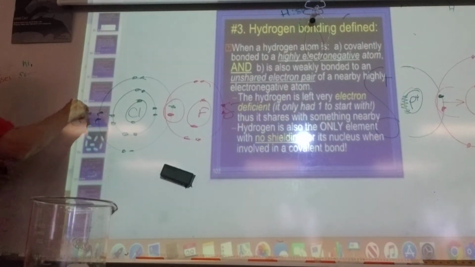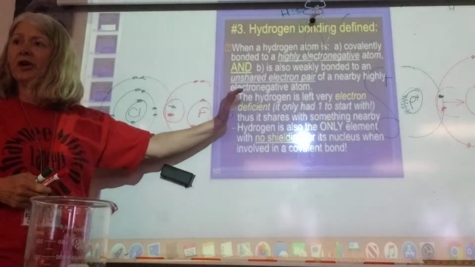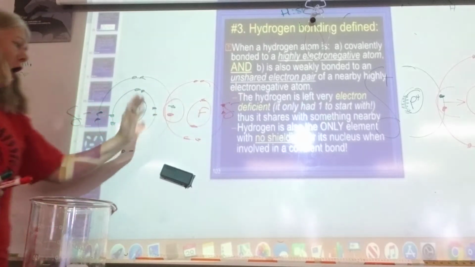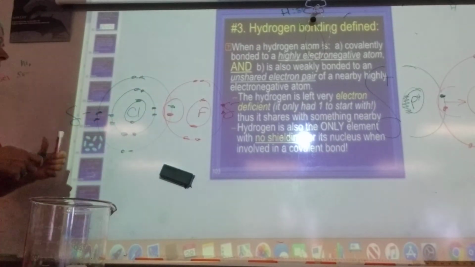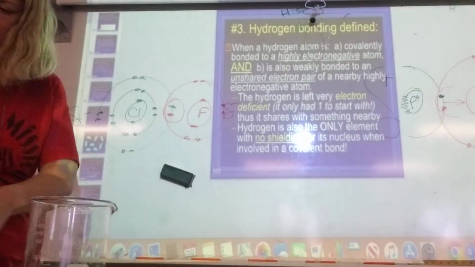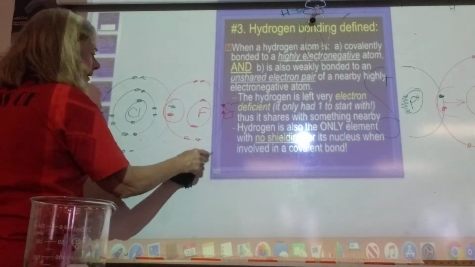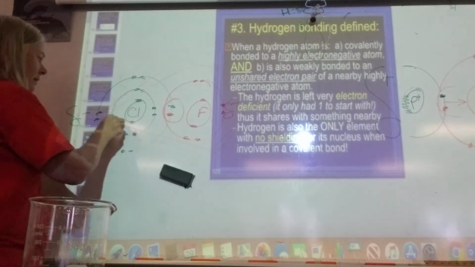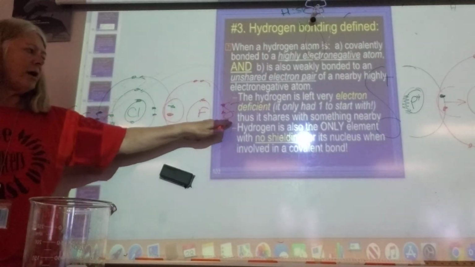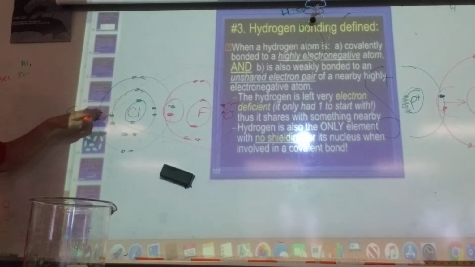But if this electron pair is pulled closer over here, all it means is that these electrons are still going to be out here. If I could do a different color here and do an electron distribution, my electron cloud might look like this, because there's a greater attraction over on this side. There's still going to be electrons over here.